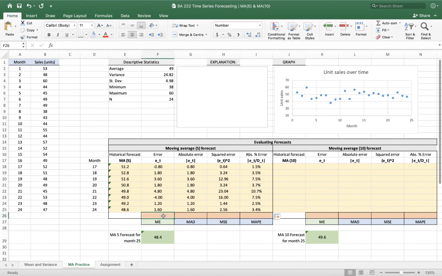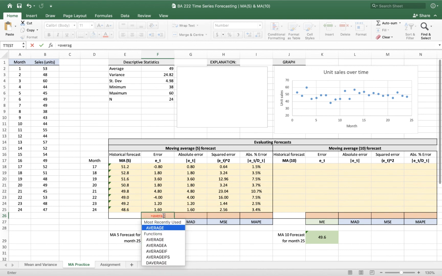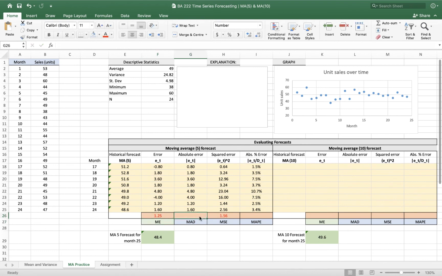So on average, our mean error is our average error. We would love it if that number was 0. Don't let it do that to you, those don't mean anything.